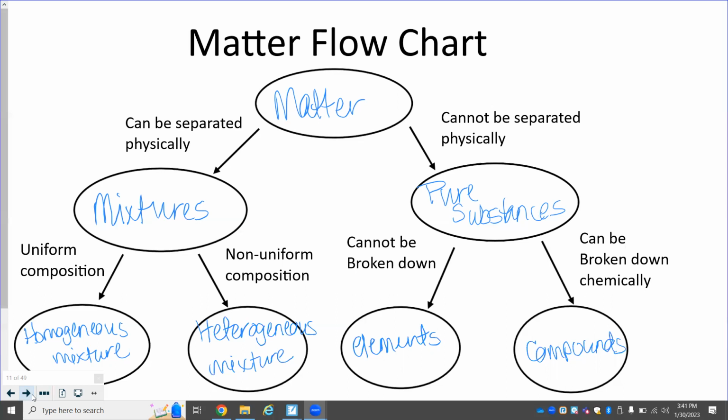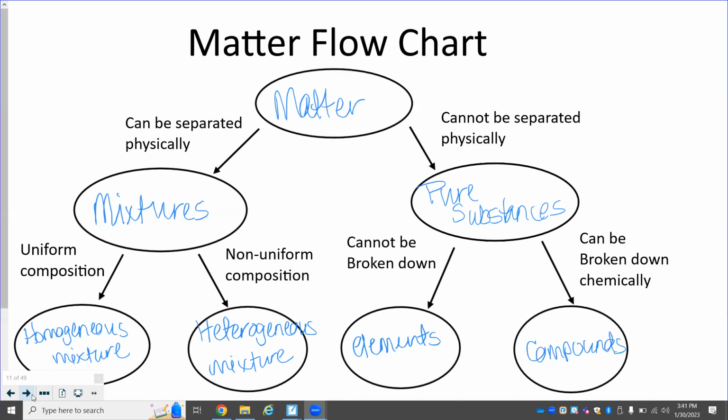So you guys are going to be doing an activity. It's a classification of matter card sort. You're going to be working in small groups, and you're going to have a selection of cards that have particle diagrams, similar to the ones that I drew for the states of matter.